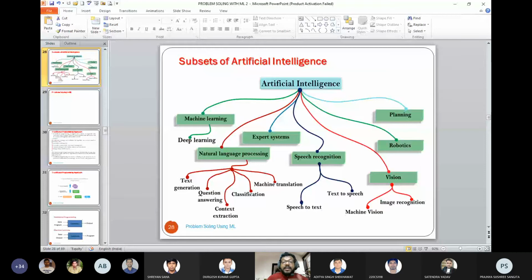I don't know exactly, but I hope they will be handled without overlapping. As a certain prerequisite is there, I think any of the papers must be covering the prerequisite. Earlier, when machine learning was not there, people used to call it soft computing, where they started teaching from the Hopfield network and neural networks, and then different types of neural networks.